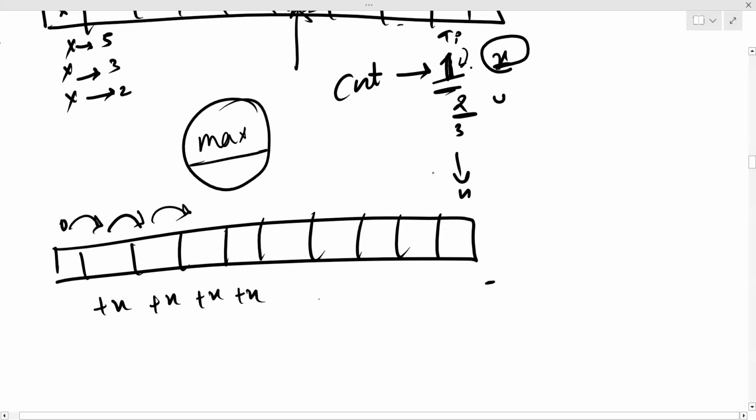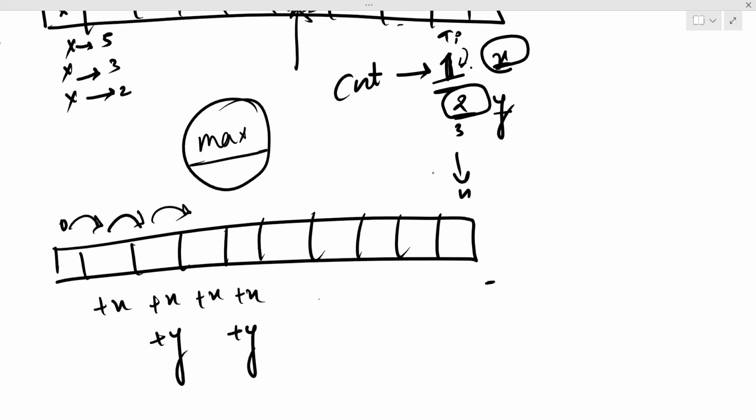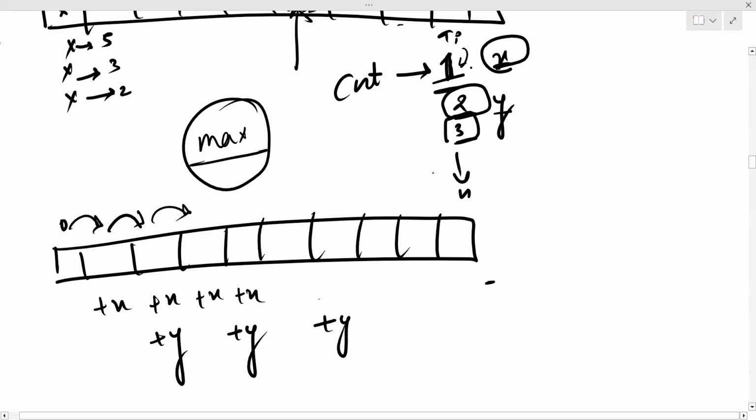Then for 2, let's say the frogs which have a_i equal to 2 appear y times. So we are going to update every second place with this value. Then let's say the frogs that have a_i equal to 3 appear z times. So we're going to update every third position by adding the z value.